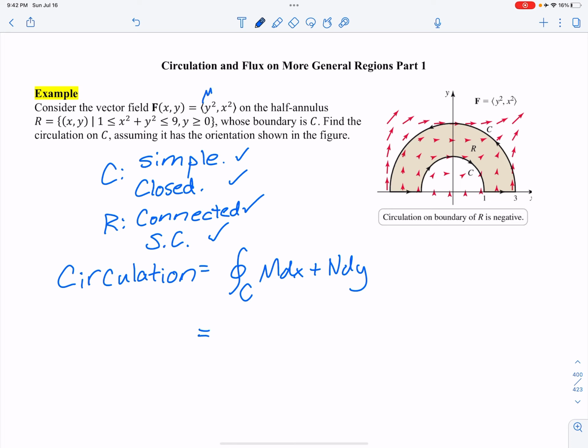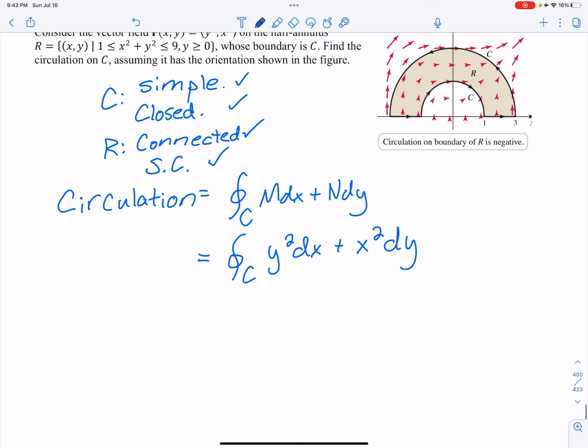Here M is y squared and N is x squared. We can use Green's theorem. Let's calculate the partials. Be careful, this is circulation, so we have to do the opposite.